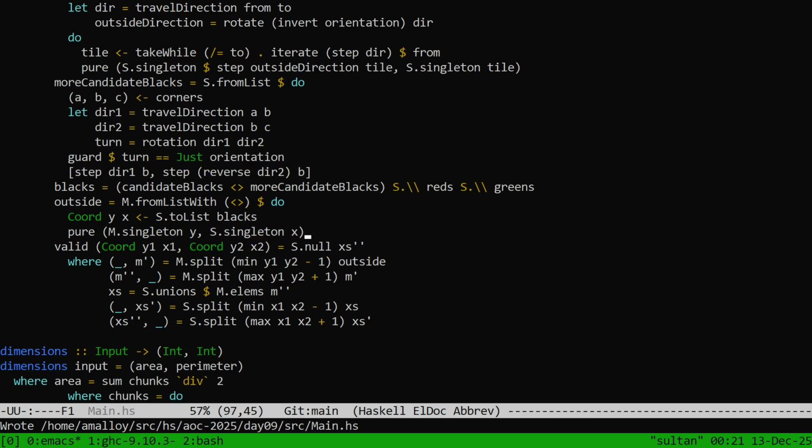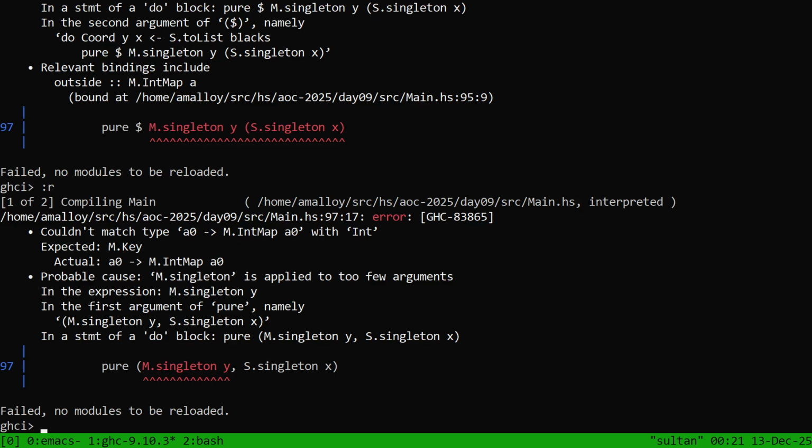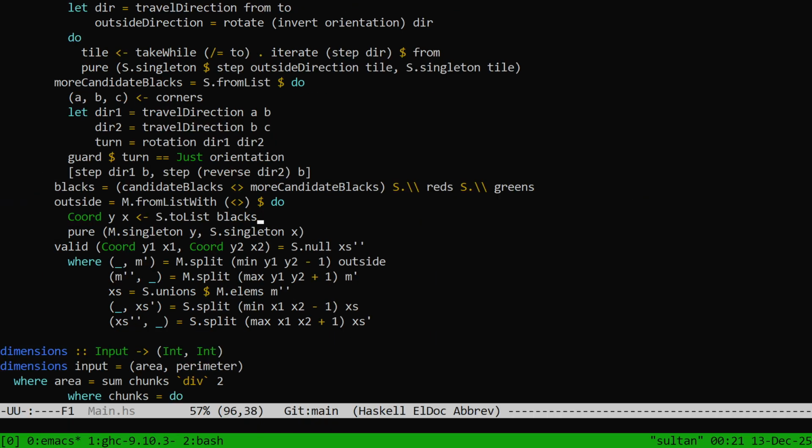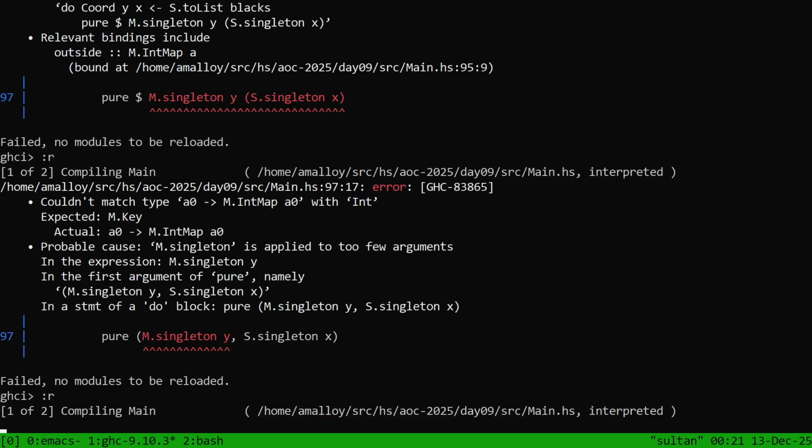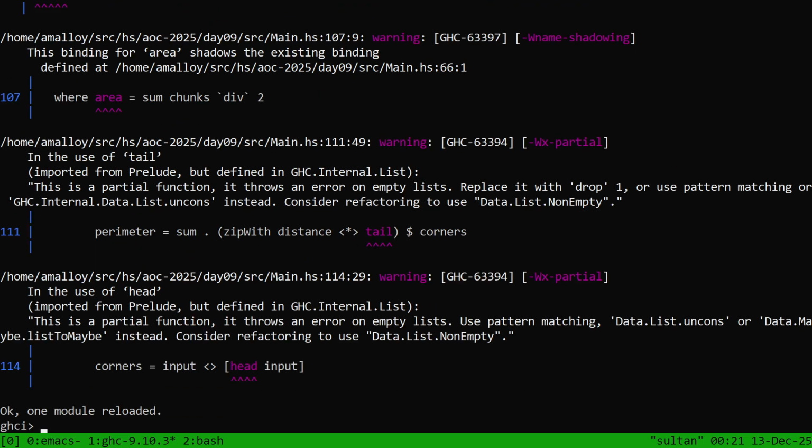And letting from list with combine them. Oh, right, it's not an okay. There. Y singleton X. It compiles. Let's see what happens.